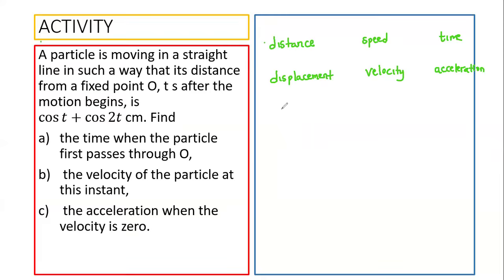Now, when you look at this kind of motion that is modeled by cos t, cos 2t, it is mainly an oscillatory motion. And under oscillatory motion, I will give you an example. Let me say this is our particle on a spring, and this is the origin where the spring is. Remember, for the spring, before you put anything on, you first measure where it is.